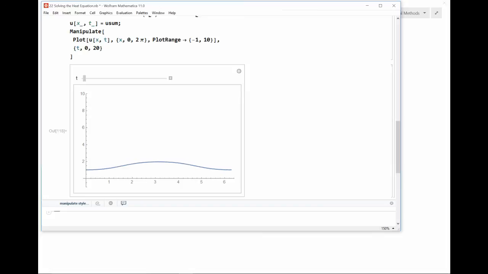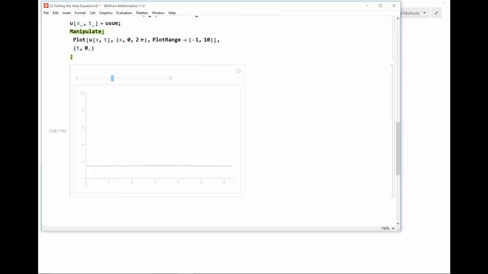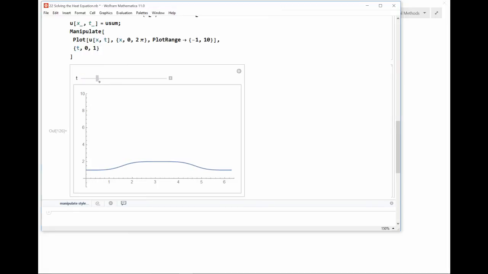If I increase t, we can see how the rod quickly averages its own temperature. Again, let's see what happens during the first few seconds. During the first second, the temperatures very quickly even out, and the sharp decrease in temperature is smoothed out by the process of heat conduction.